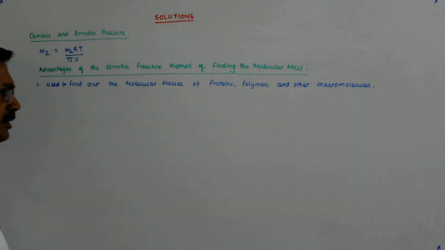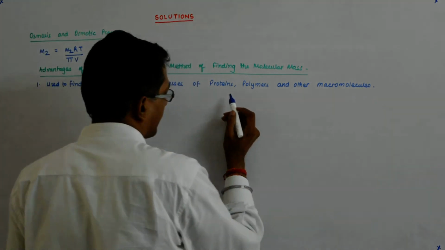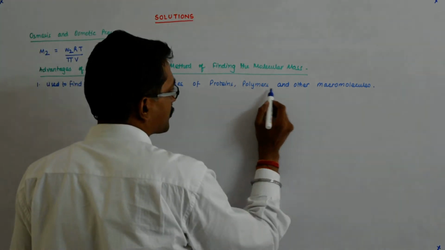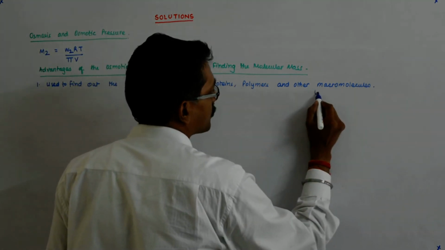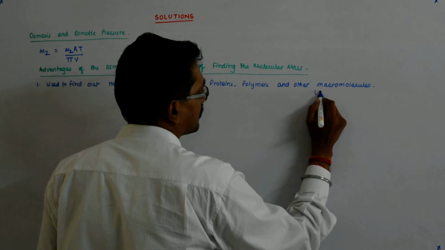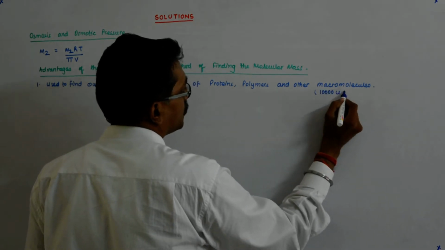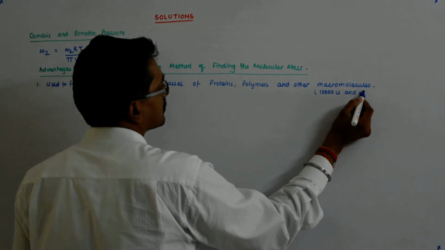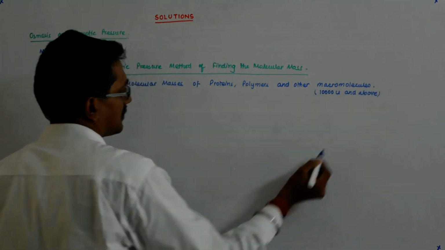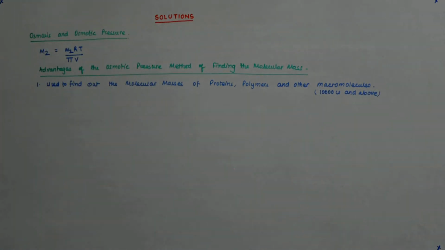They are macromolecules because their atomic masses are in the range of 10,000 u and above.